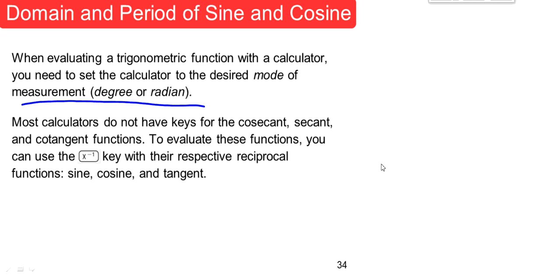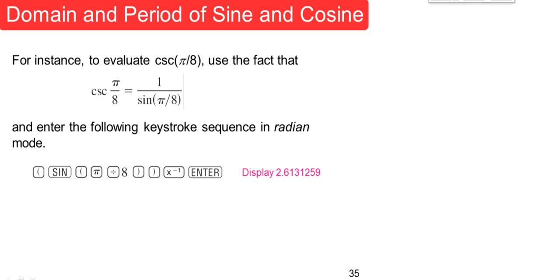And a lot of calculators don't have cosecant, secant. They do have degrees or radians, so make sure you set the mode. And they don't have cosecant, secant, and cotangent. So you have to use either the x to the -1 or 1 over sine, cosine, whatever the case may be. So I think I have a slide that walks you through that.